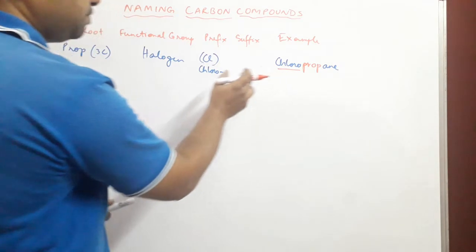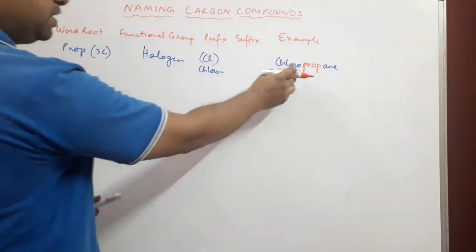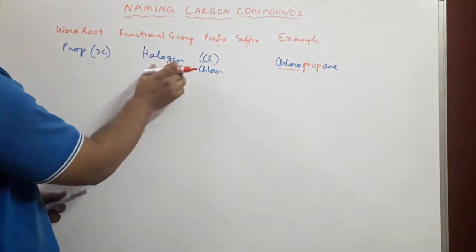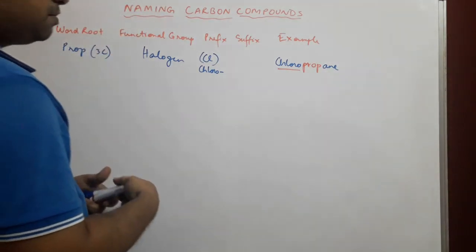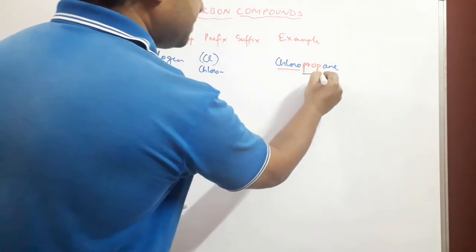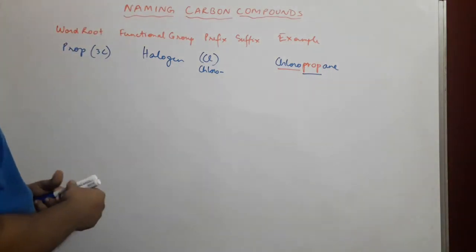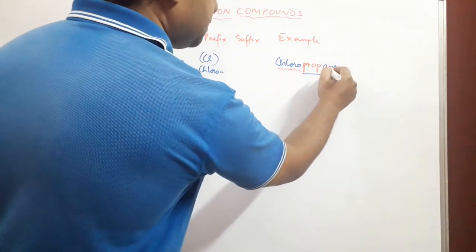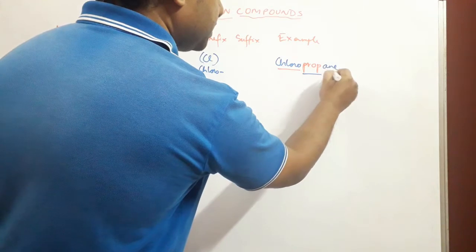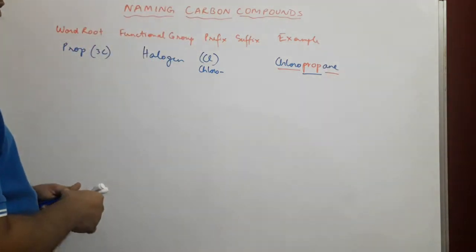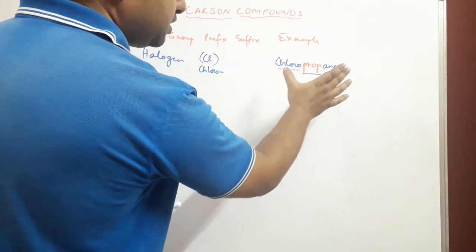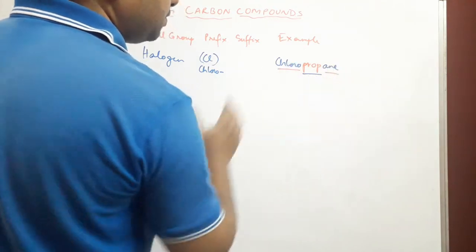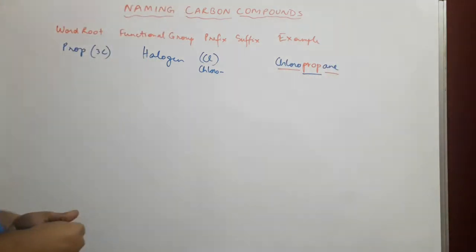One tells you the main functional group in this case, which is a halogen. The next one is telling you how many carbon atoms are present in the compound. And the third, which is also part of the functional group, tells you whether it is a straight chain, whether there are double bonds or triple bonds. So in this case there is a single bond.